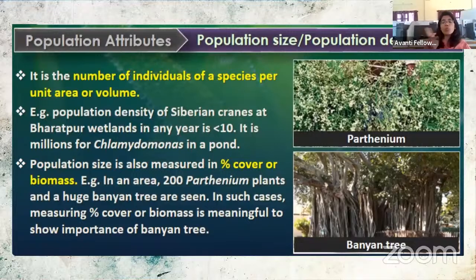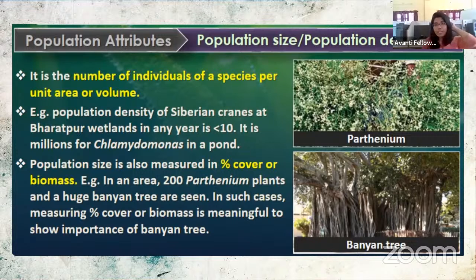Now, one more way of calculating population size or population density is biomass. If we have one area with a banyan tree and small Parthenium plants, say 200 very small Parthenium plants and a huge banyan tree, which has the larger biomass?